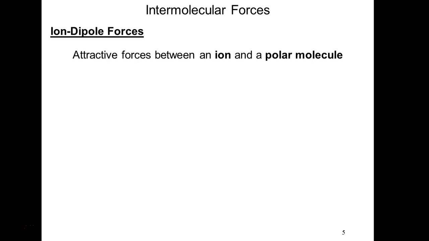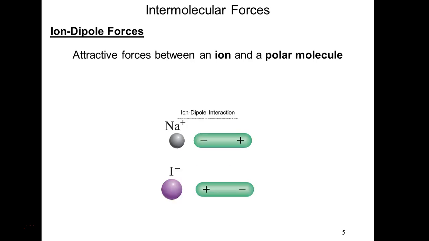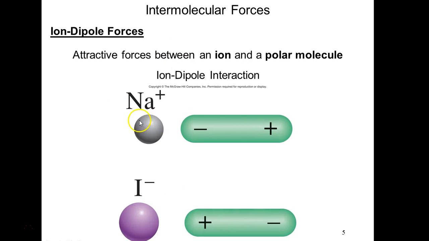There's another type of force. It's an ion dipole force. So an ion dipole force is an attractive force between an ion and a dipole. So an ion, like in this case a sodium ion, would attract to the negative pole of this dipole, represented by this graphic.